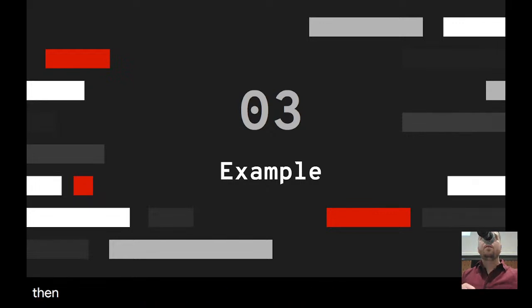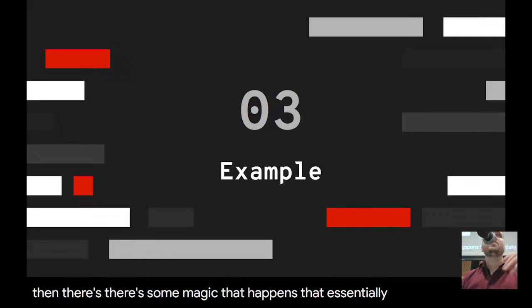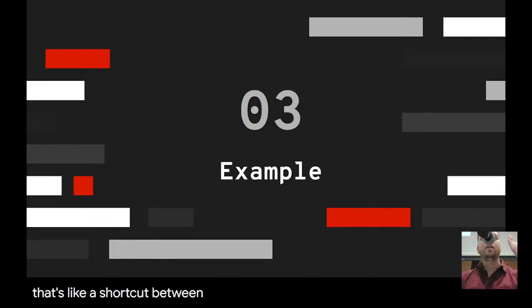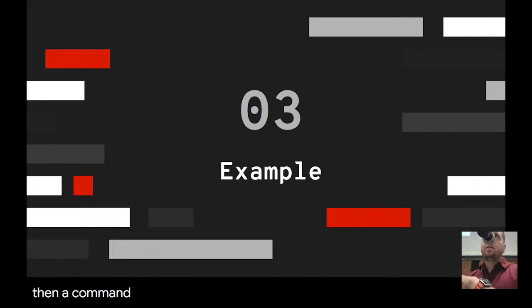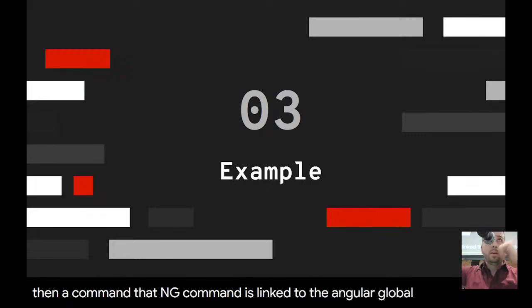Then there's some magic that happens that essentially creates something like a shortcut between the TypeScript command and the TypeScript language. So, for example, if on our terminal we were to type for Angular ng and then a command, that ng command is linked to the global install of Angular.